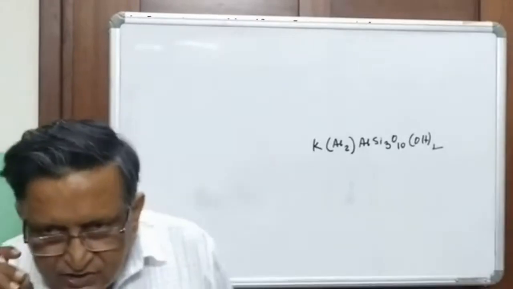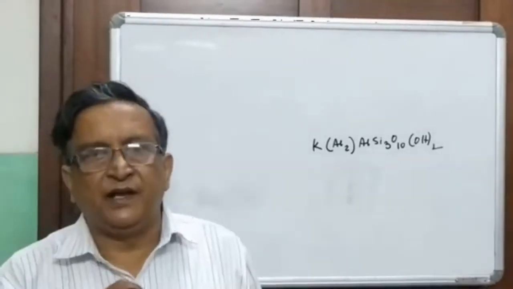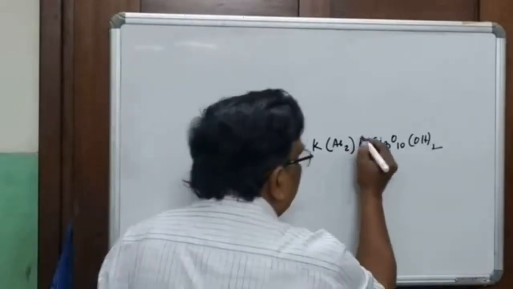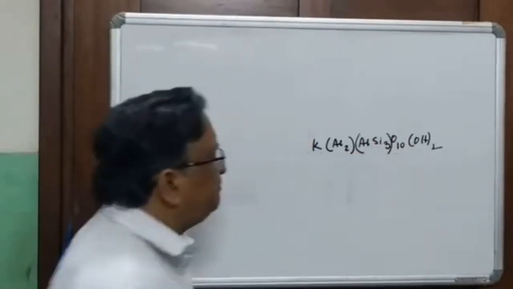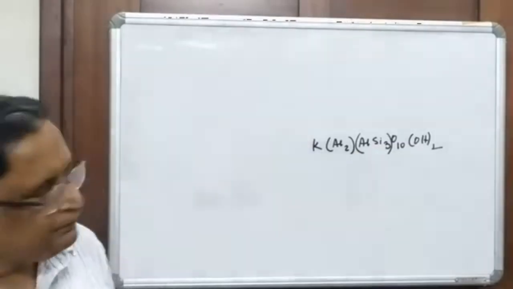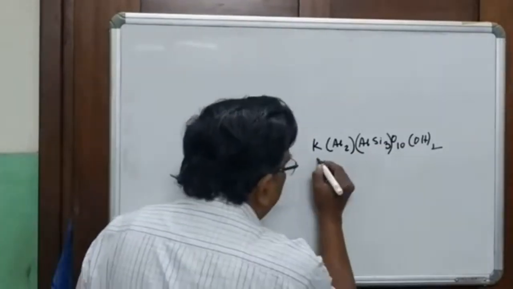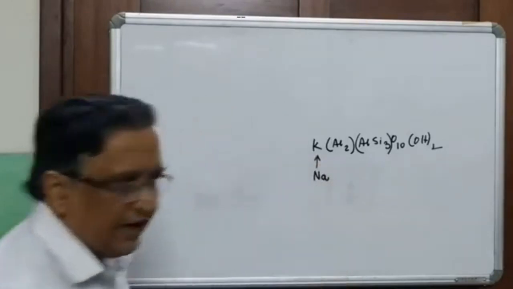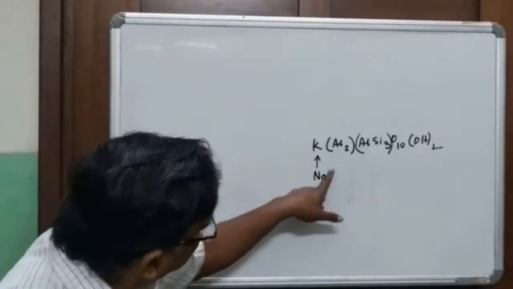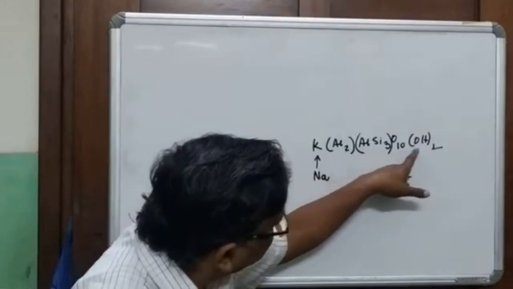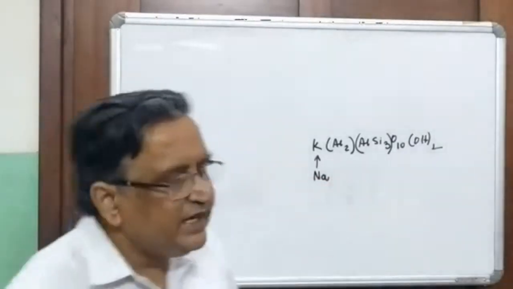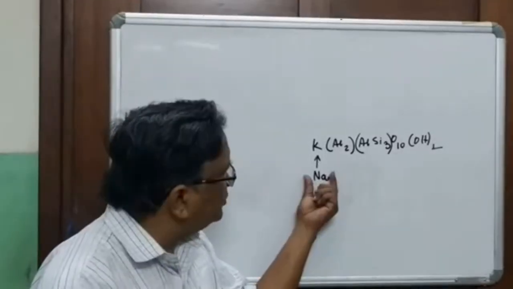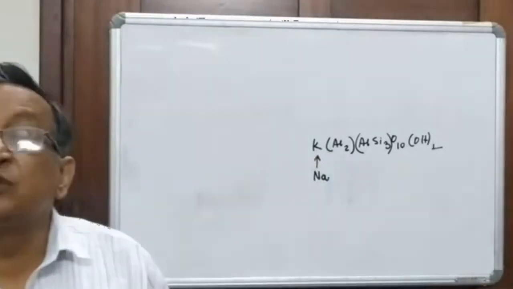But if you go into the details of the chemistry of muscovite, you will see that this is completely untrue. For example, there is some amount of sodium in muscovite. NaAl2(AlSi3O10)(OH)2 is called paragonite. So sometimes you have small amounts of paragonite within muscovite.